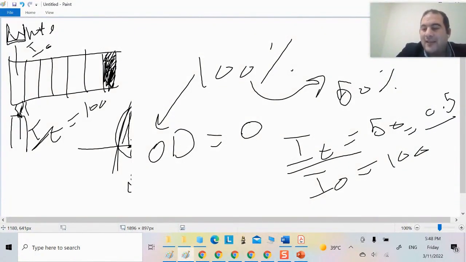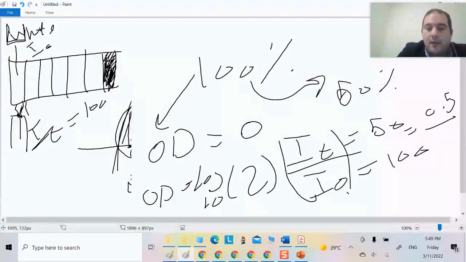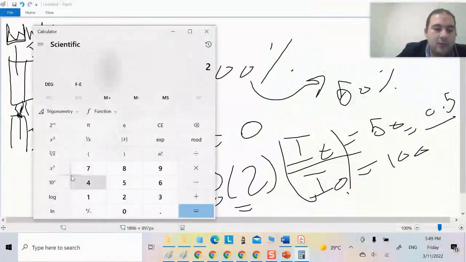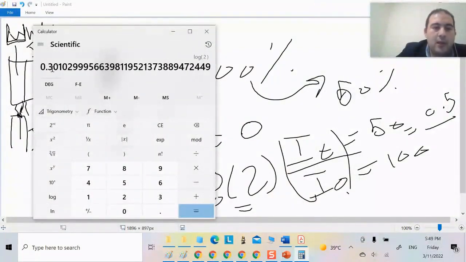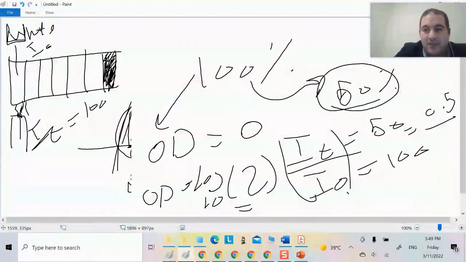Now the optical density is the logarithm of the inverse of transmittance, so 1 over 0.5 gives you 2. Let's find out the value using the calculator: log 2 is 0.3. So when the transmittance decreased by 50%, the optical density went from 0 to 0.3.